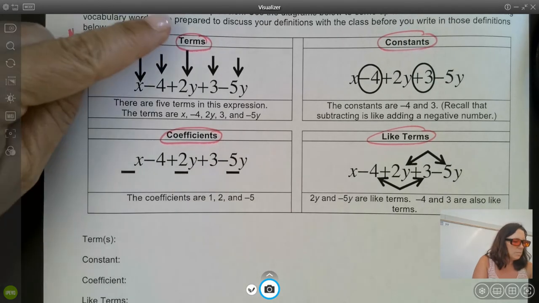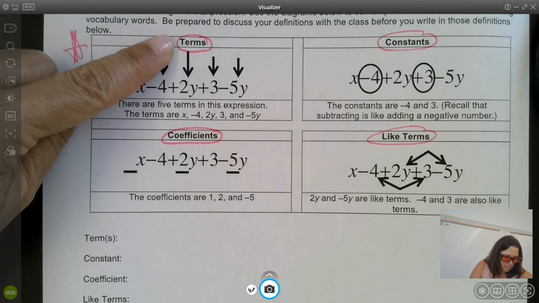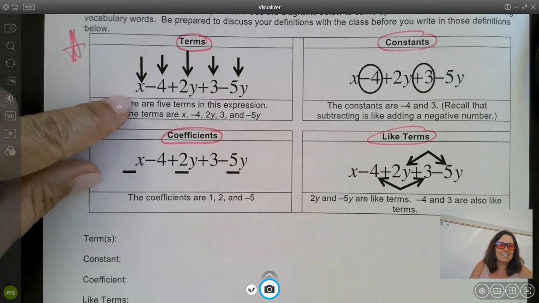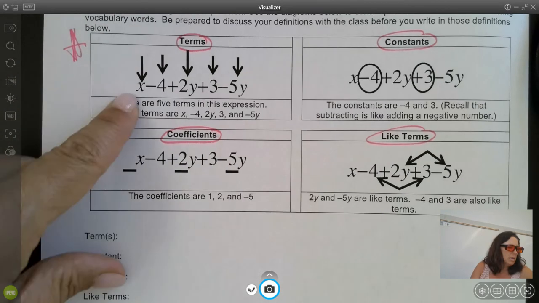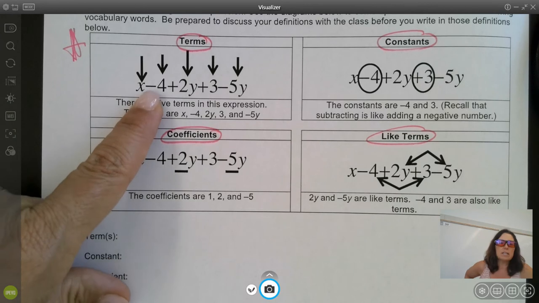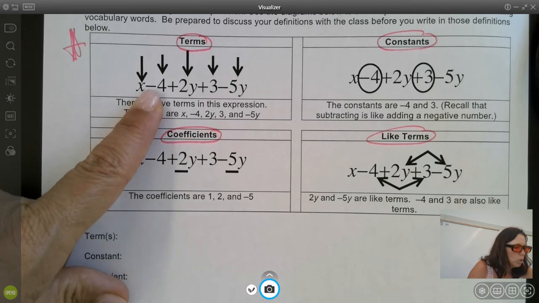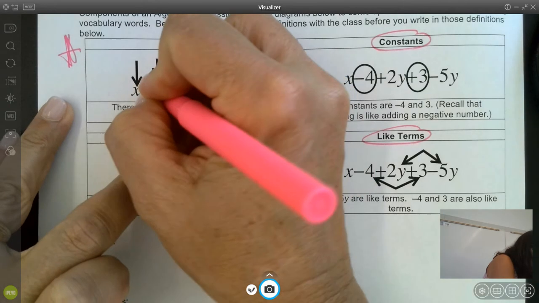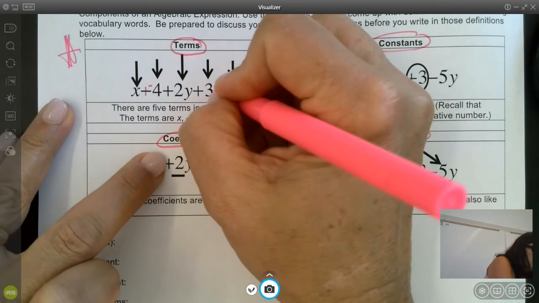All right, terms. Terms are numbers, variables, or products of numbers and variables separated by addition. Okay, so when you have a minus sign, please understand that you could rewrite this as a plus negative.